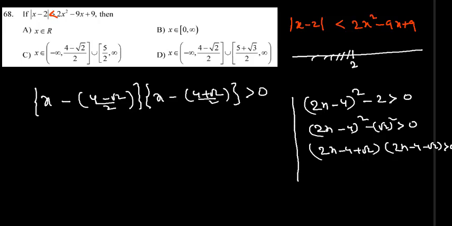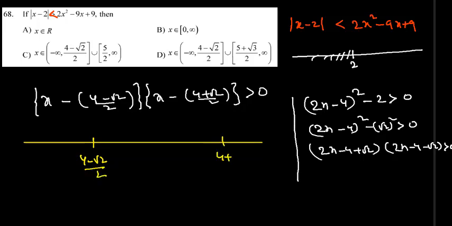So I can use a number line: this is 4 minus root 2 by 2, this is 4 plus root 2 by 2. The signs are plus, minus, plus.